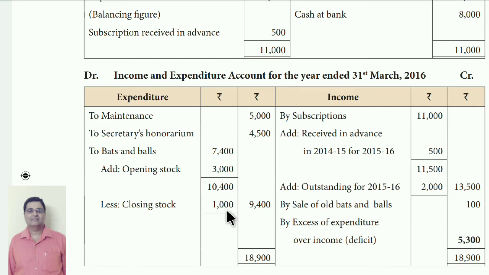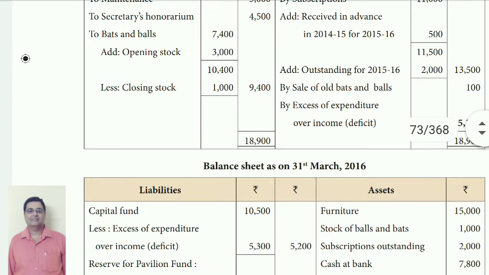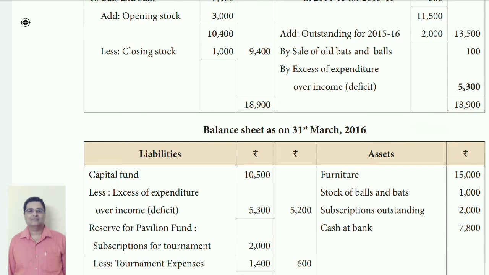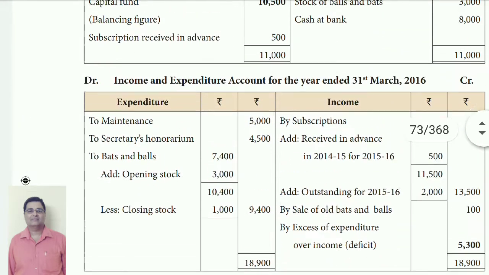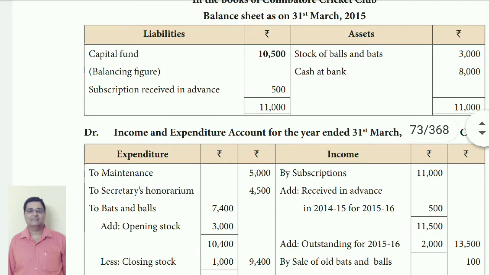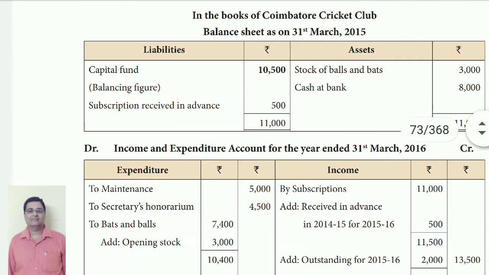Then this closing stock 1,000 we write on the asset side. See, stock of ball and bat rupees 1,000. So this closing stock of 1,000 rupees we write as stock of bat and ball 1,000 on the asset side. And in this sum the opening balance sheet is not given, so we have to prepare the opening balance sheet.